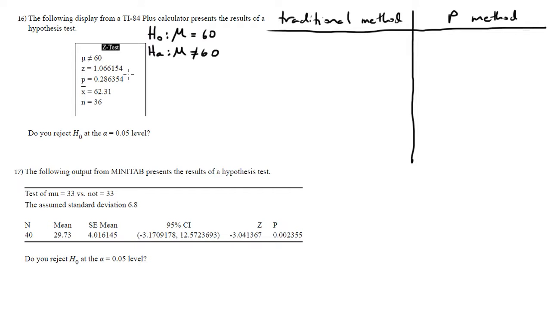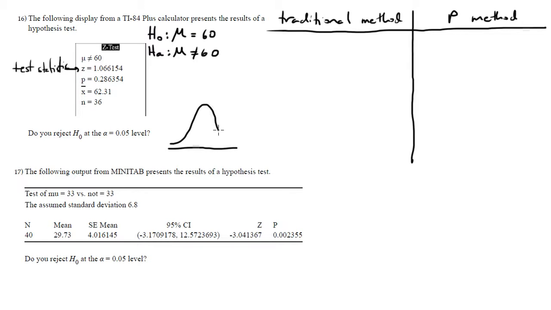And we check to see if this test statistic, this z value here, falls in our critical region or our rejection region or not. So let's find the critical value. If alpha equals 0.05, I'll draw a little something here.